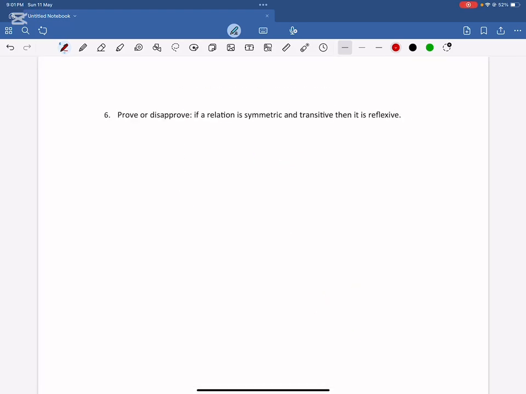Prove or disprove: if a relation is symmetric and transitive, then it's reflexive. Okay.